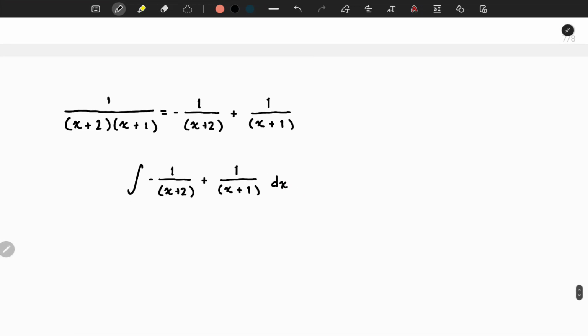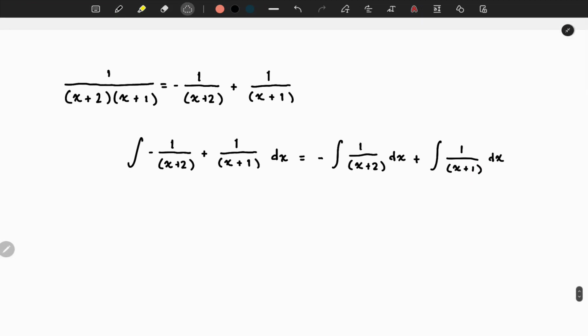We can actually split this integral, or you could leave it because this is a pretty simple integration.